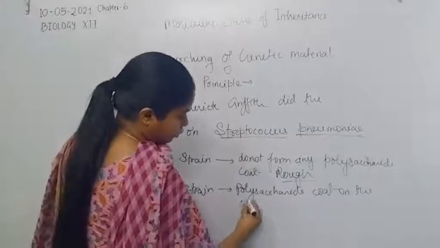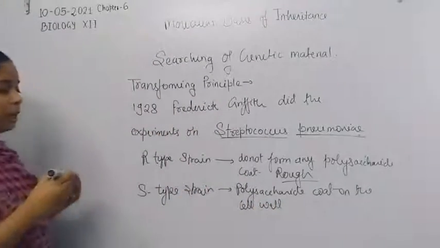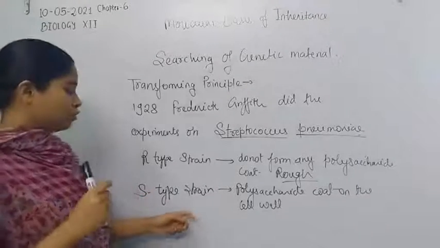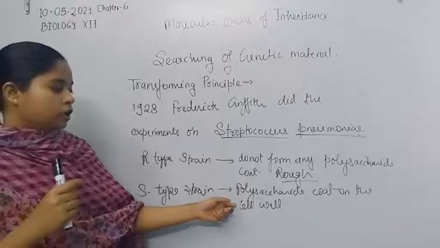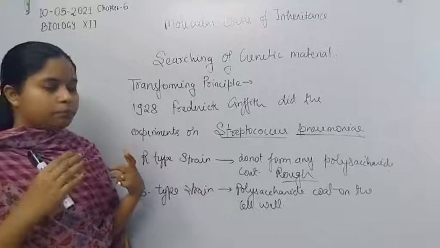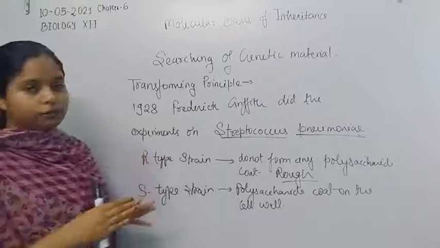Because of the synthesis of the polysaccharide on the cell wall, the appearance of these bacteria is quite smooth compared to the rough type.